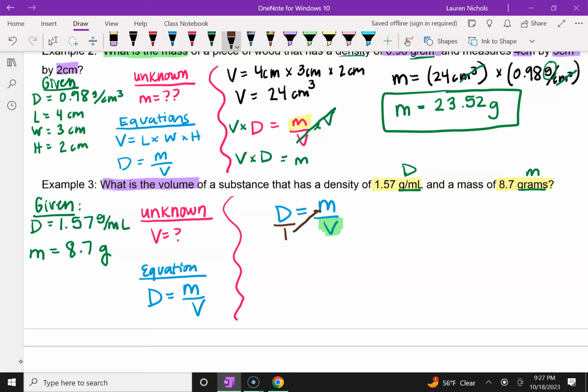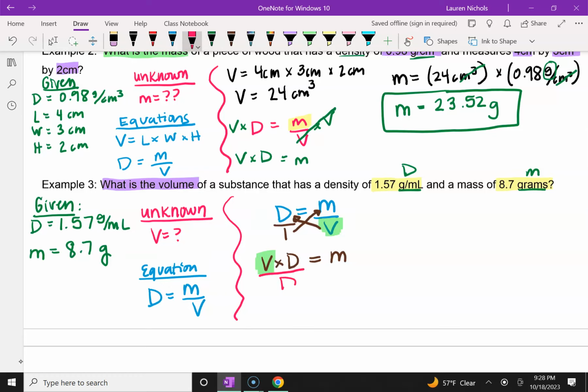So if we multiply 1 times m, that gives us m, and volume times density for the other side. Well, hey, that's our mass formula, which is great. But we still need to find volume, and it's not alone yet. So if we notice, it's being multiplied by density, so we do the opposite of the math.